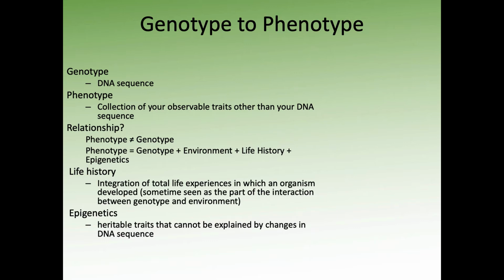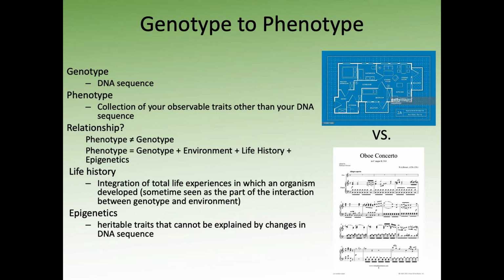The differences you would see are expressed differently in different environments based upon the qualities of those environments. Epigenetics refers to heritable traits that cannot be explained by changes in the DNA sequence. In other words, they're things that happen on top of the DNA sequence.